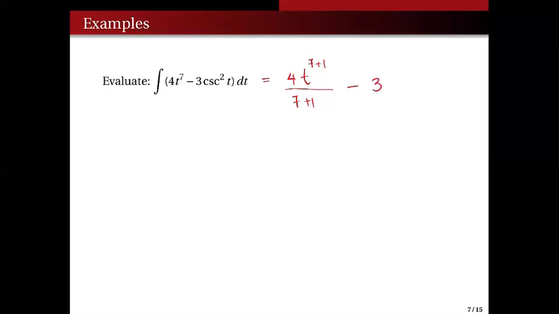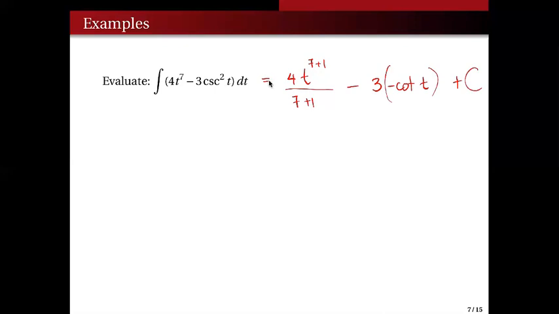And then minus 3. We integrate cosecant squared t dt. We will get negative cotangent t, and then plus the arbitrary constant.